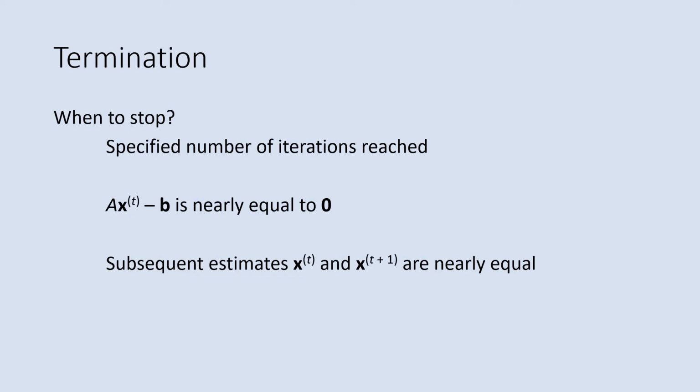So there are combinations we can create of different termination procedures, but the underlying concepts of most termination procedures are some version of one of these three that we're discussing now.